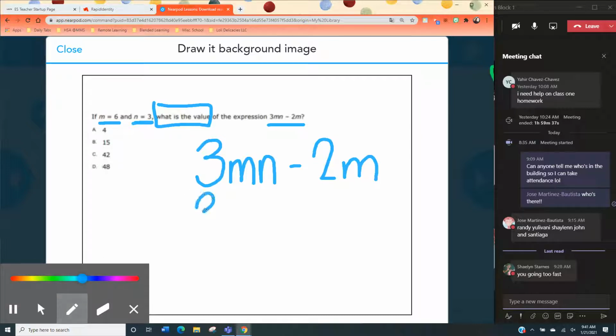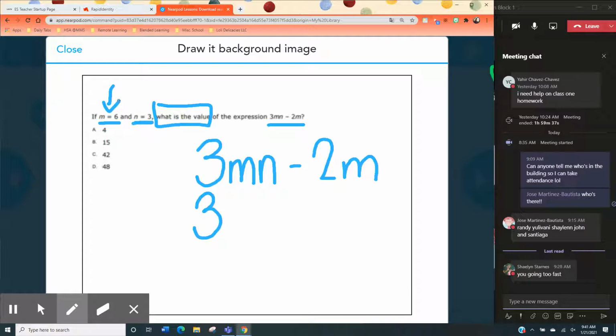I have my 3. It says m is now 6. That doesn't mean I'm going to do 3 plus 6 plus 3. No. The expression shows me this is multiplication.